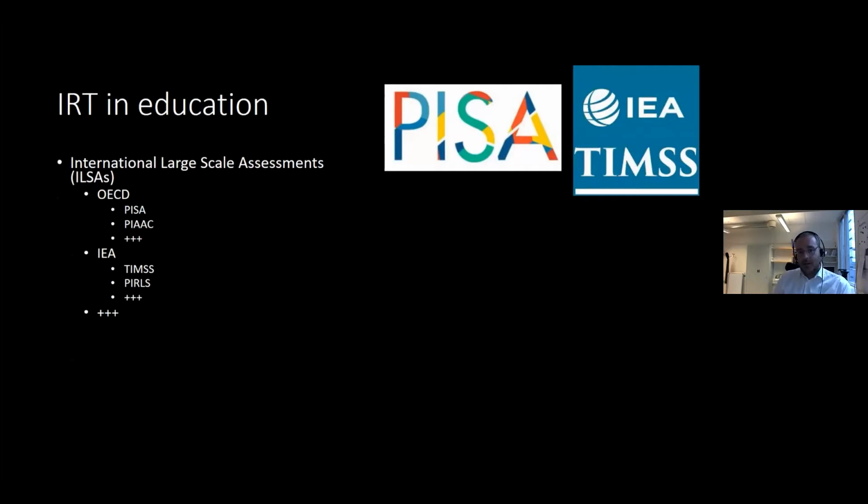They aim at giving information at country level about how the educational system works. They're run by OECD. OECD also has PIAAC, which is a similar program to PISA, which also measures the literacy level in the population, but it's aimed at adults. You also have a different organization called IEA. They run something called TIMSS and PIRLS and a lot of other tests.